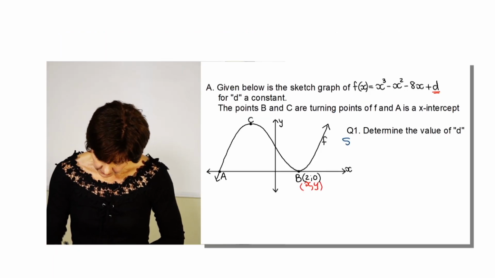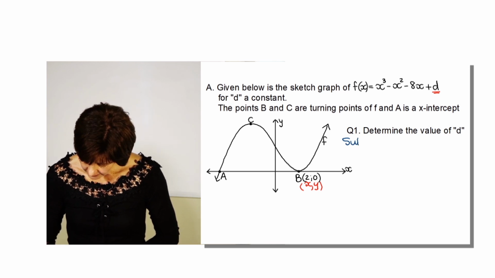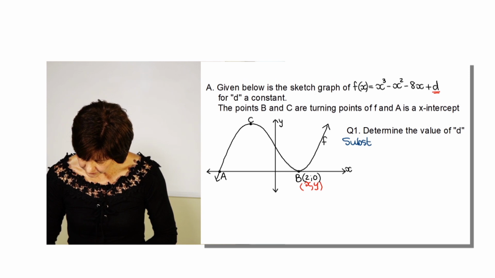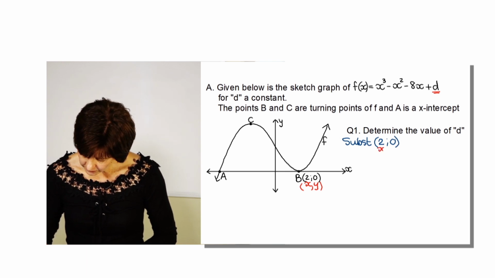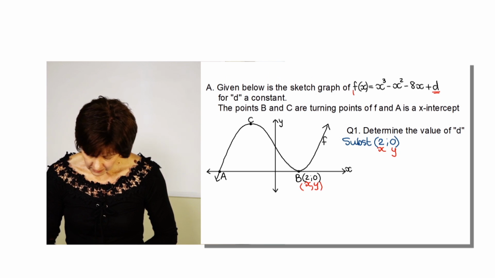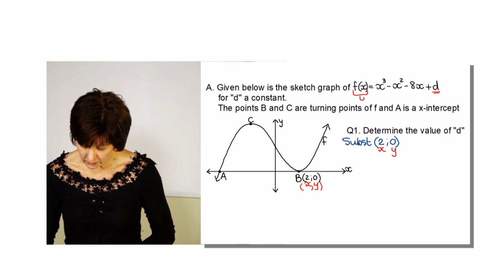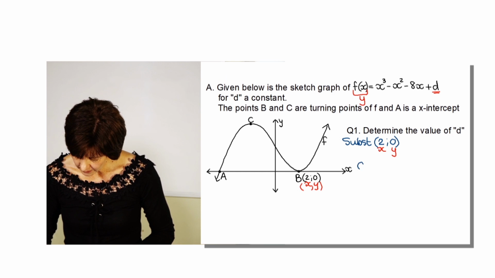So let's substitute. I'm going to start by substituting into the f of x the point (2, 0) because it's lying on the graph. In other words, I've got an x value and a y value. In the place of the y, I'm going to substitute the 0, which will be equal to x cubed minus x squared.